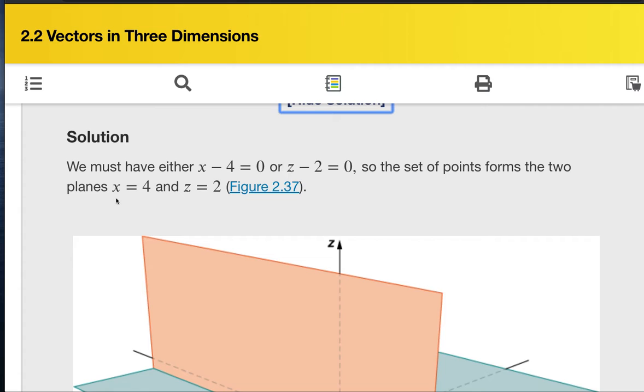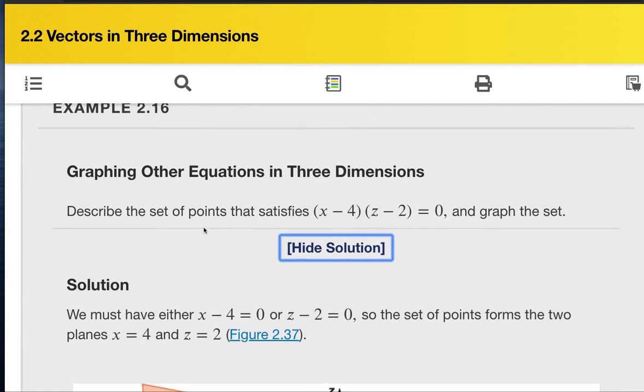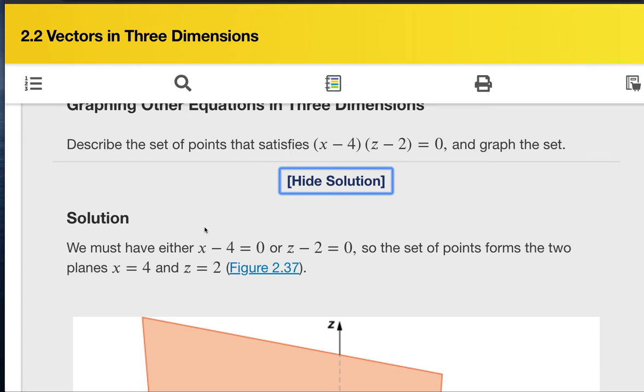Also it's worth mentioning that in general, any equation you see in three-dimensional space will mostly be a surface. Certainly a plane is considered a surface too. So, very basic understanding of three-dimensional space. Any questions? Okay, I'm going to move on.